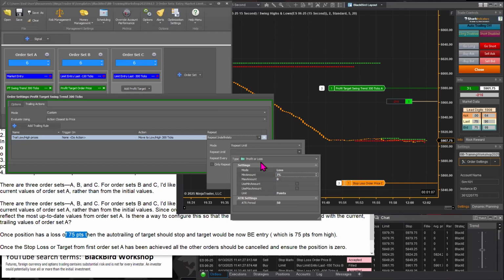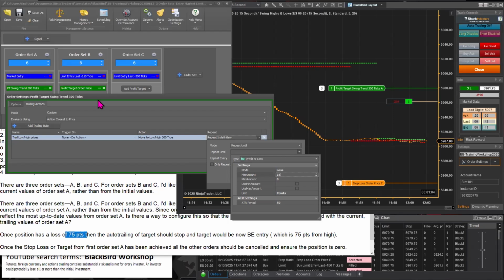The issue is that the calculation NinjaTrader uses is based off of the average entry price, so your P&L is never based off of your first entry.